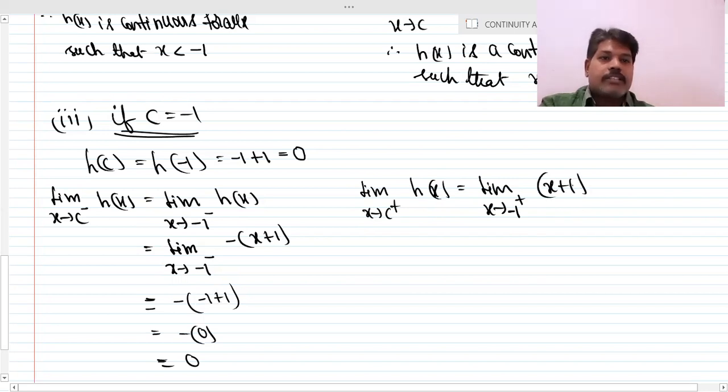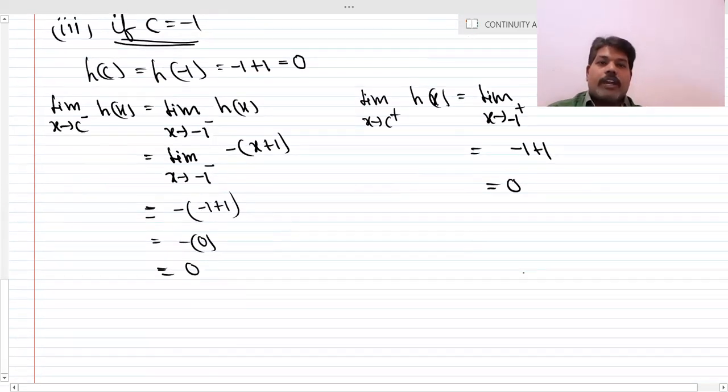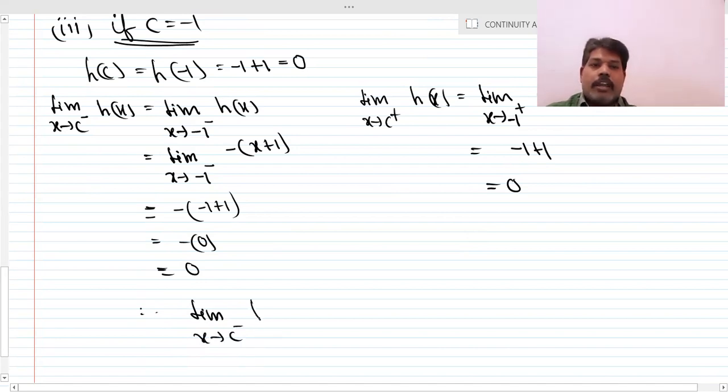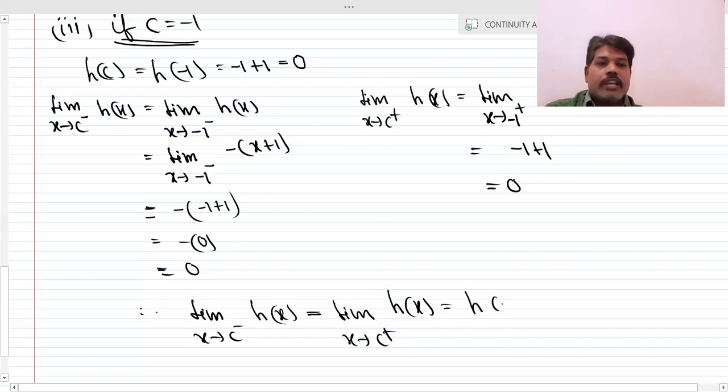Apply the limit, it becomes minus 1 plus 1, which is 0. So from these three, we can conclude that the limit as x extends to c minus of h of x is equal to the limit as x extends to c plus of h of x, which is equal to h of c.